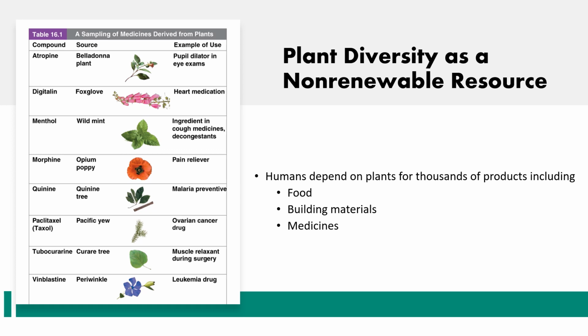We have digitalin, which is from the flower foxglove, and that's a heart medication. We have quinine, which is from a quinine tree, which is important in malaria prevention. And Taxol, which is from Pacific yew, that is actually an ovarian cancer drug. And so lots of different types of products from these different plants are used as medications.